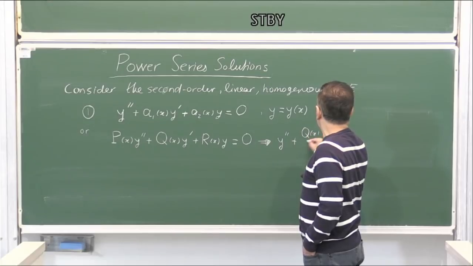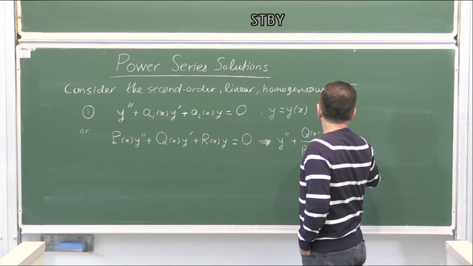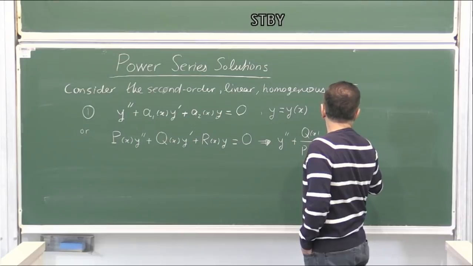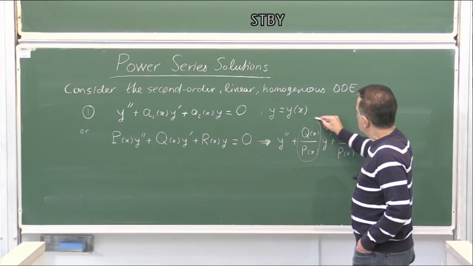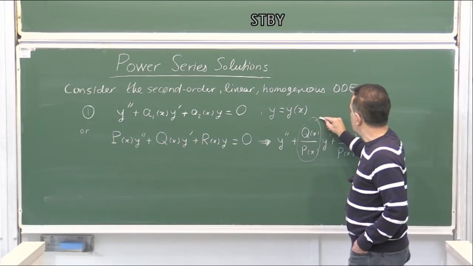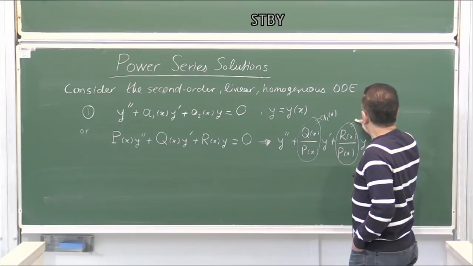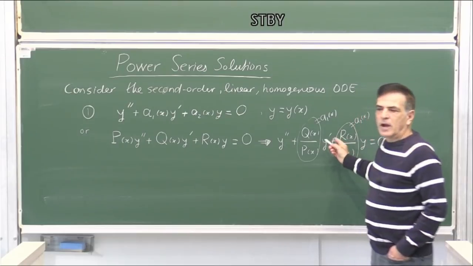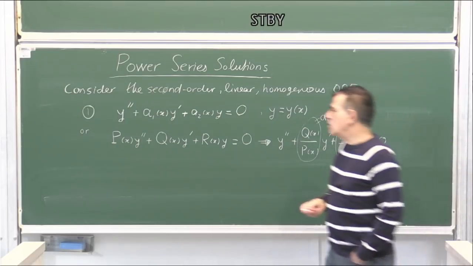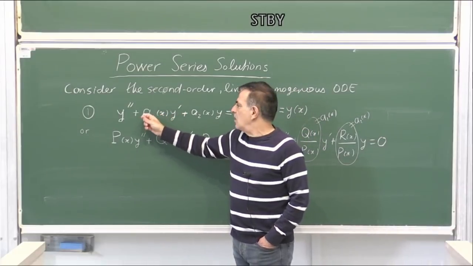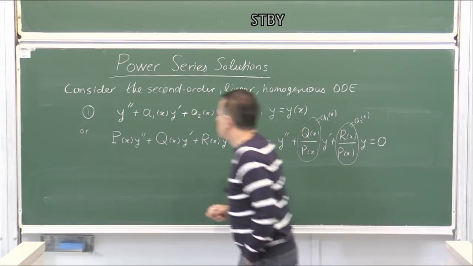So we have q of x over p of x y prime plus r of x over p of x y, which is 0. So if we denote the coefficient of the first derivative by a1 of x, and r over p by a2 of x, we return to our previous and standard notation. So consider a second order linear ODE of this form or this form, which is the non-reduced form.